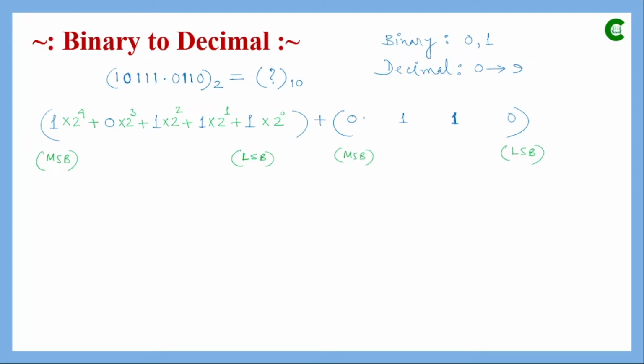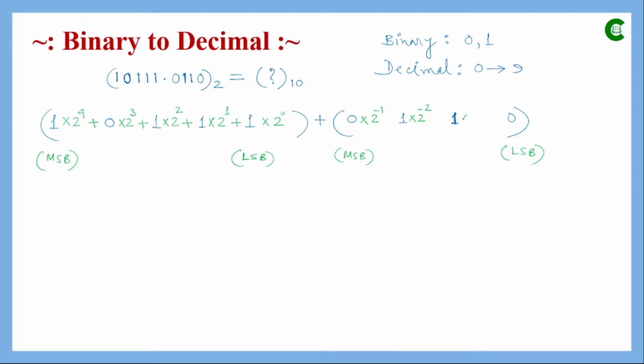Now on the other side we will multiply 2 to the power minus 1 with the most significant bit, and then similarly it will be 2 to the power minus 2. Gradually it will decrease. In case of integer part we are multiplying by 2 and gradually increasing the power of the base 2 by 1, and in case of fractional part we are dividing by 2 and gradually increasing the power by 1 for every consecutive bit.